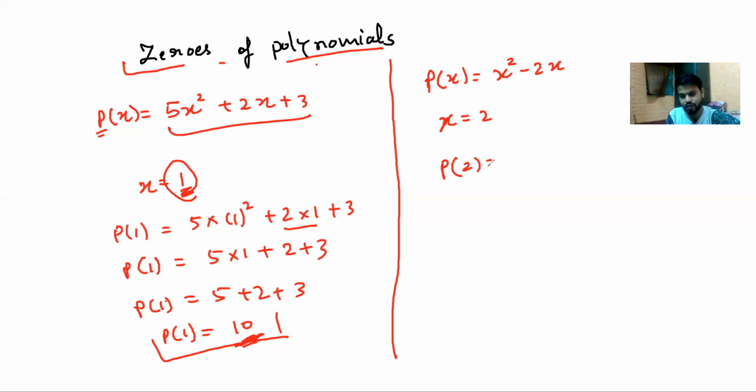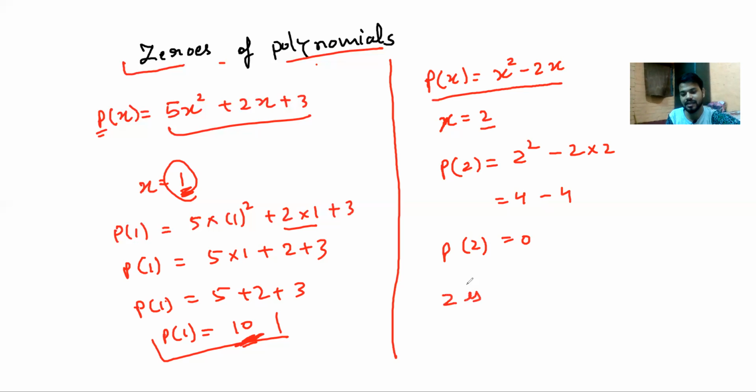So p(2) is equal to 2 square minus 2 into 2. So 2 square is 4, minus 2 twos are 4. So 4 minus 4 is 0. Now we can see clearly that at 2, the value of this polynomial is 0. So we will say that 2 is the zero of this polynomial.